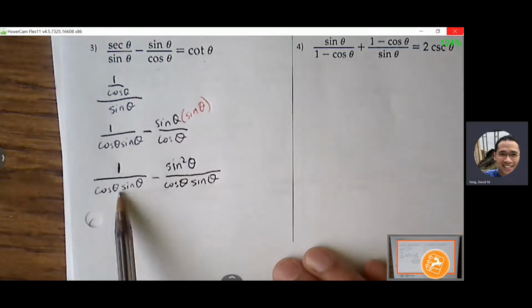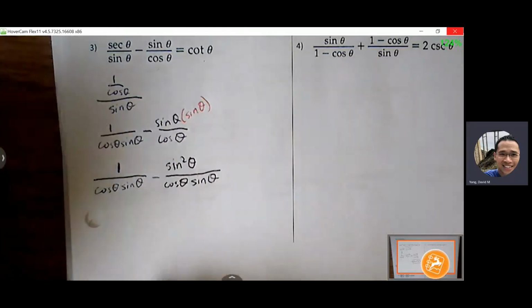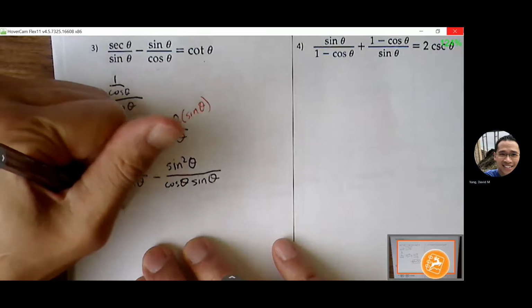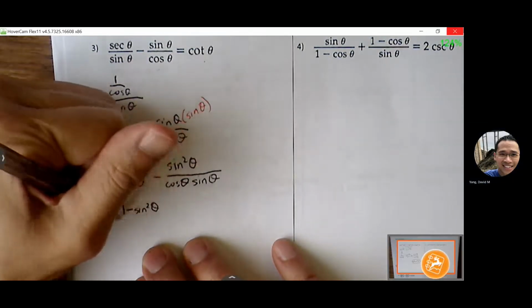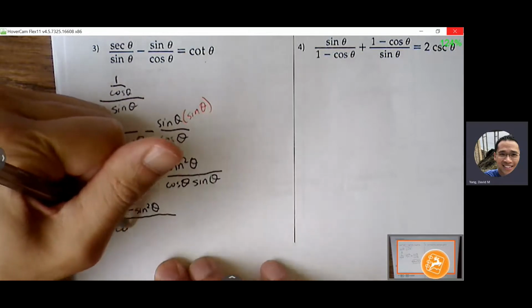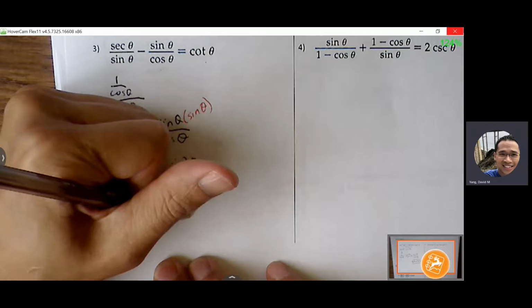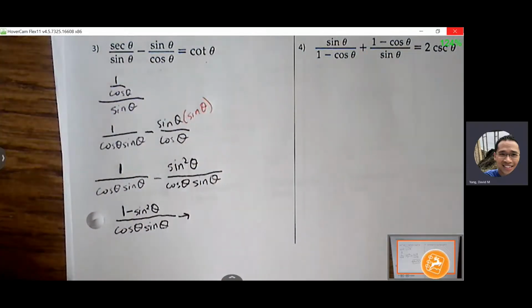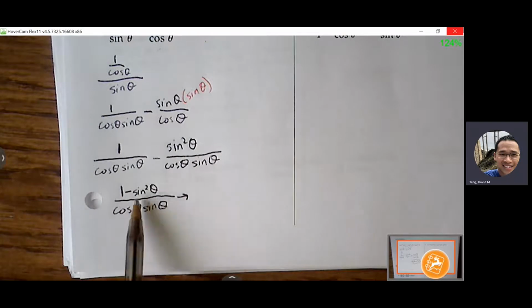Now that we have common denominators, I can push these together under one fraction. One minus sine squared becomes cosine squared.